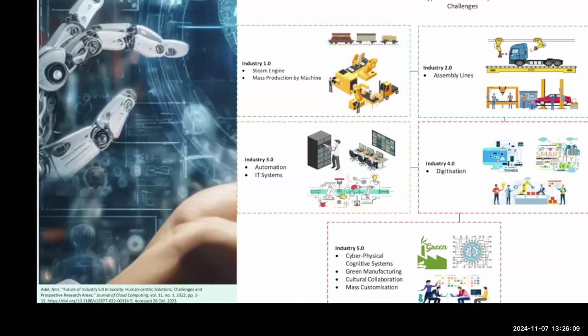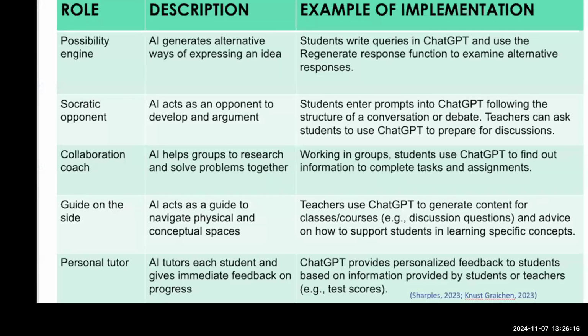Many of us know and use technology to make our lives easier, but the question is, how are we going to use it? I like how Sharples and Gretchen put it in terms of roles. AI can be seen as a possibility engine. It provides alternative ideas. So those of you who said idea generator, that's very good.